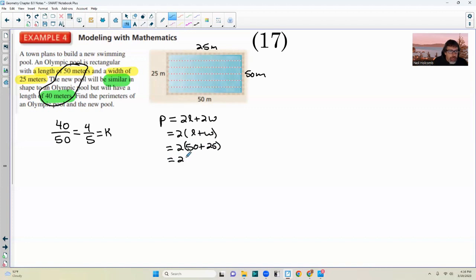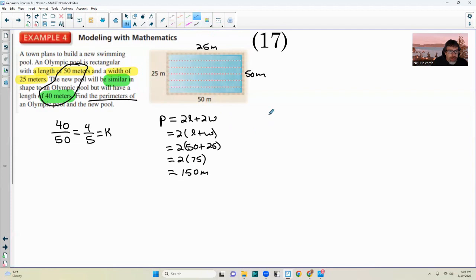And 50 plus 25 is 75, and therefore 150 meters is the perimeter of the Olympic pool. So now we know the scale factor. The question is to find the perimeter of the Olympic pool and the new pool. That part's done for the Olympic pool, but now we want to find the perimeter of the new pool.